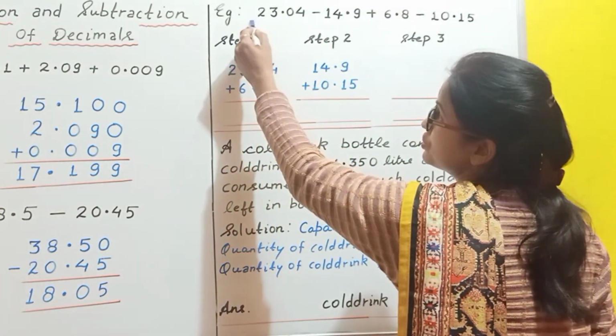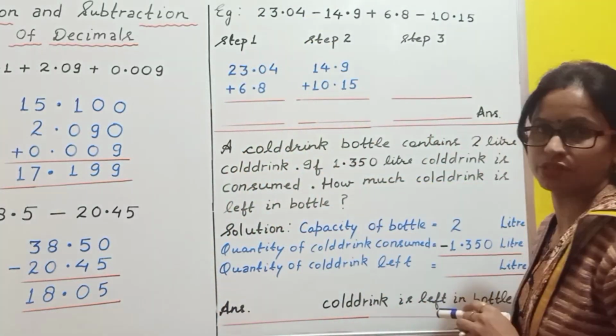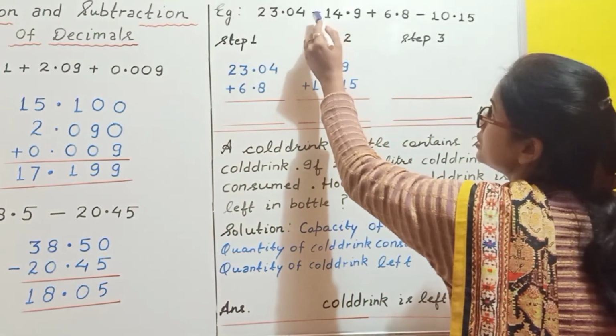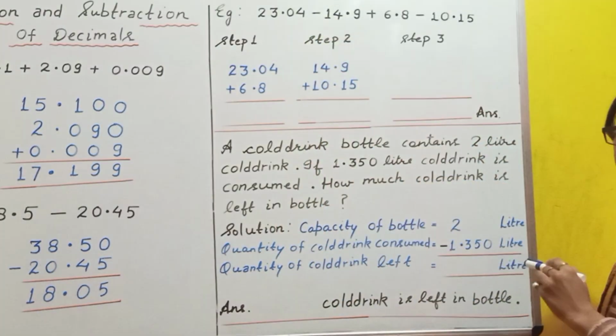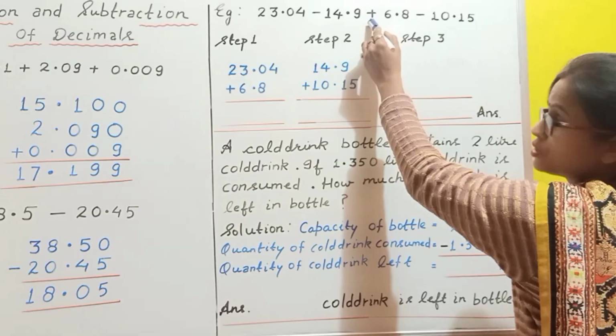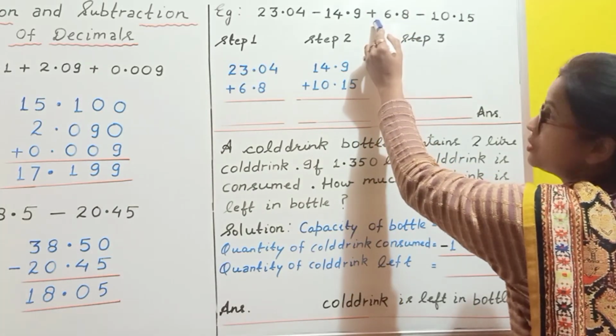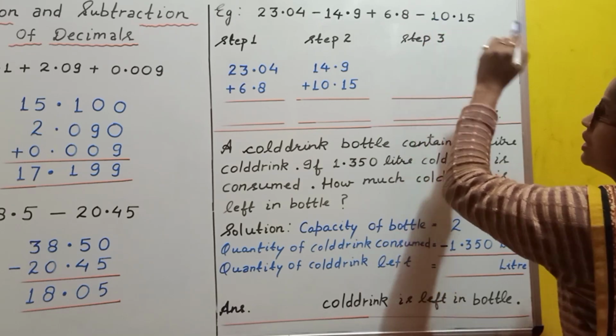This is positive as there is no sign. Next number, see here, minus sign is there. So this is negative. Next, here plus sign is put, so it is positive. Next, it is minus sign, so it is also negative.